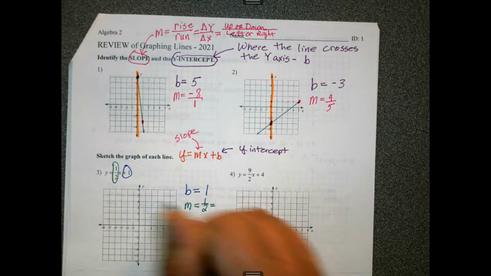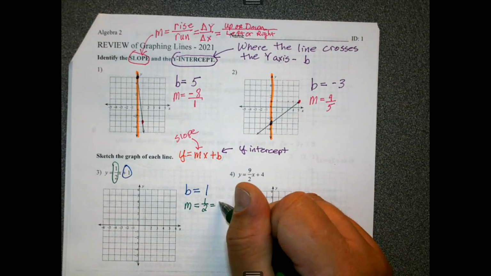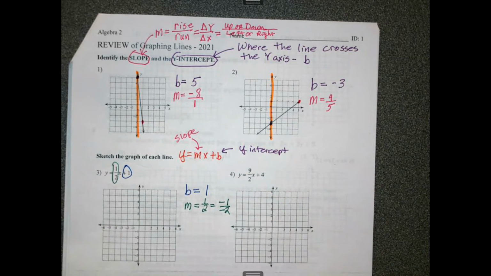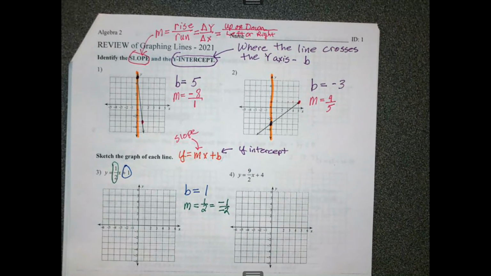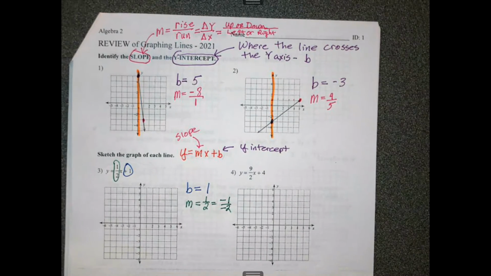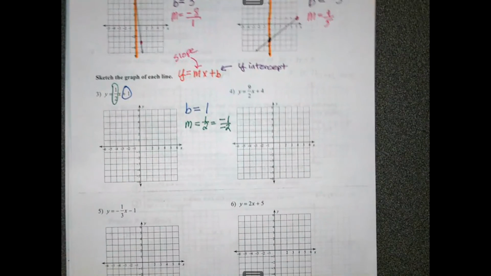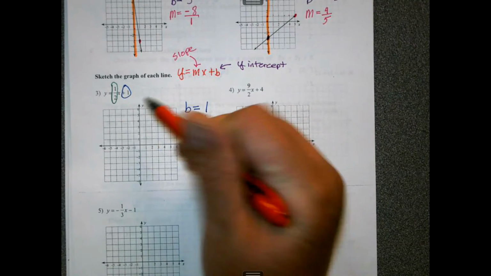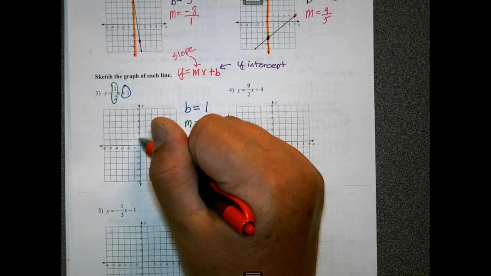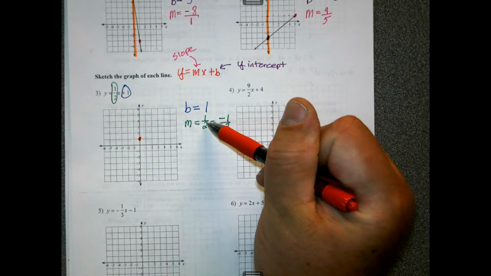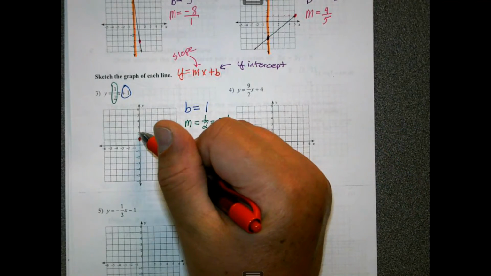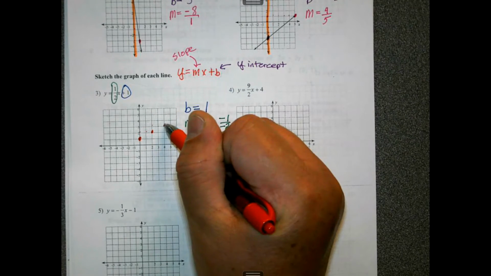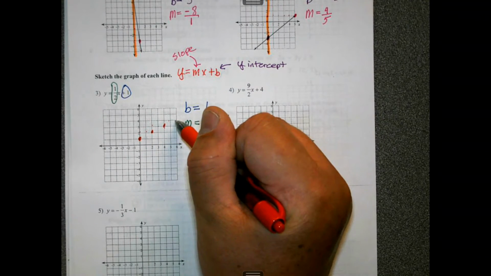And depending on my graph here, I might want to use -1 over -2. Depends on how it fits here. So start by my y-intercept where it crosses my y-axis at 1. My slope is 1/2, so I'm going to go up 1 over 2, up 1 over 2, up 1 over 2.